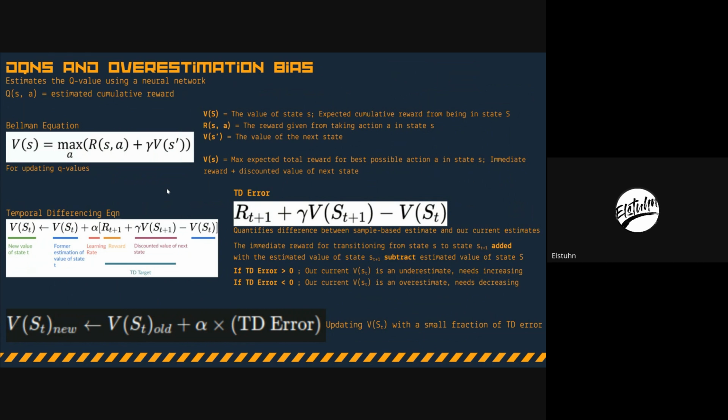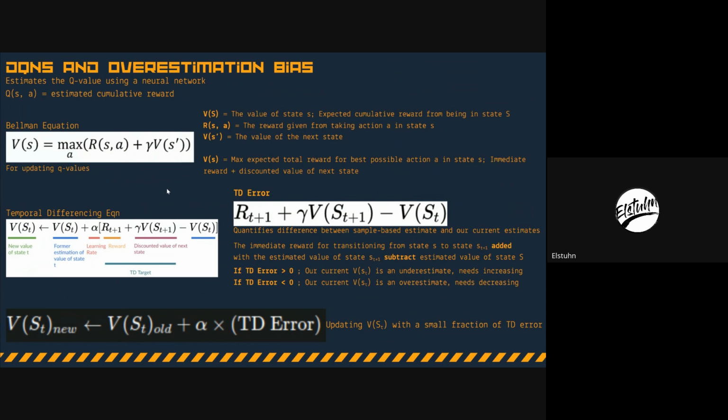R(s,a) is essentially the reward function, which gives you the reward from taking a certain action a in state s. And then V(s) is just the value of the fixed state. V(s') is what value you would get from going into the next state and following the best actions afterwards as well. So in total, V(s) is essentially the maximum expected total reward for the best possible action a in state s, which is the immediate reward plus the discounted value of the next state.